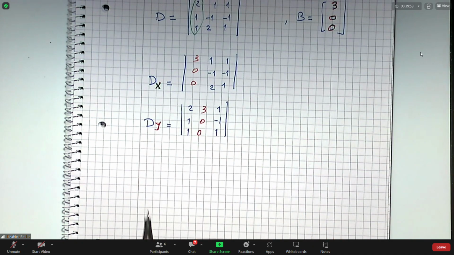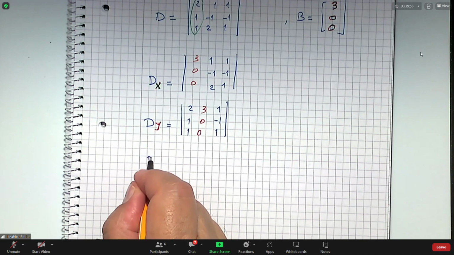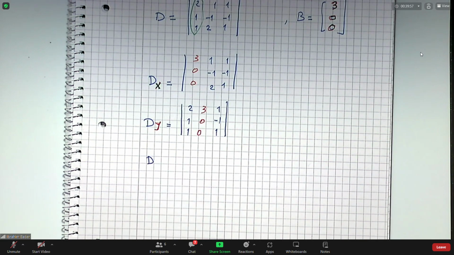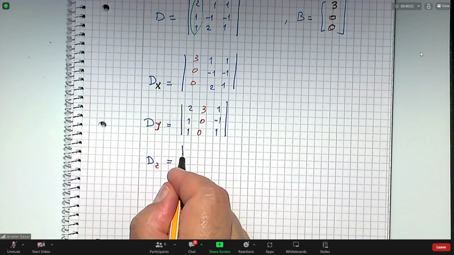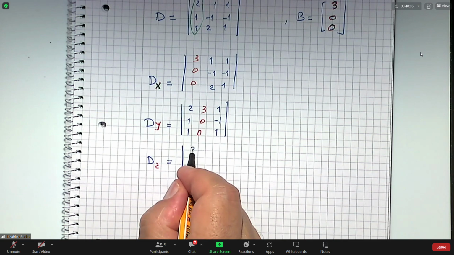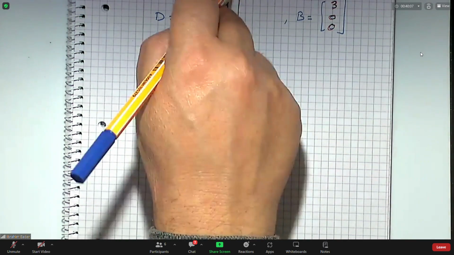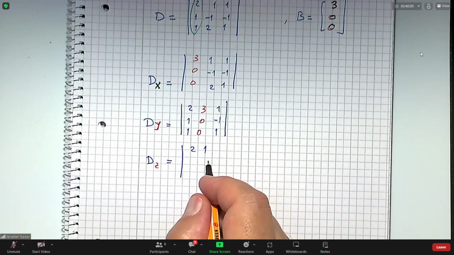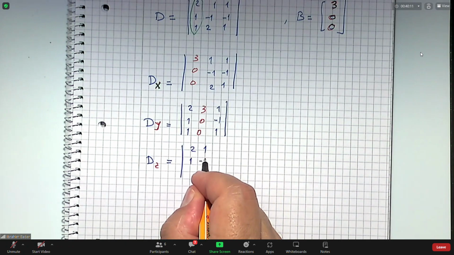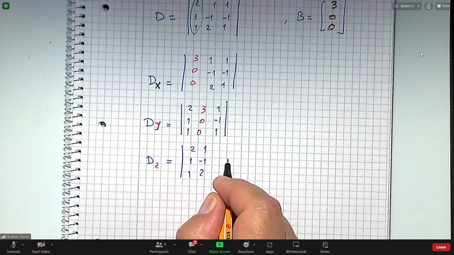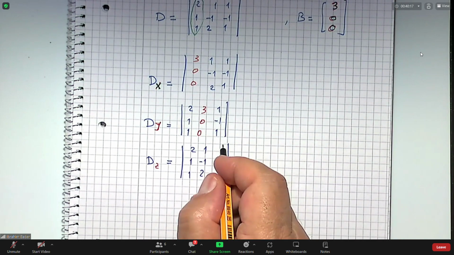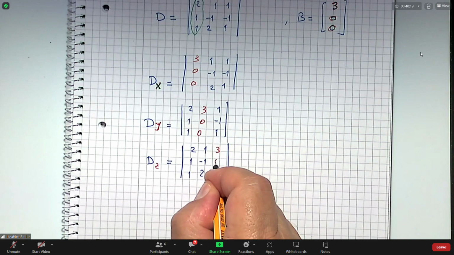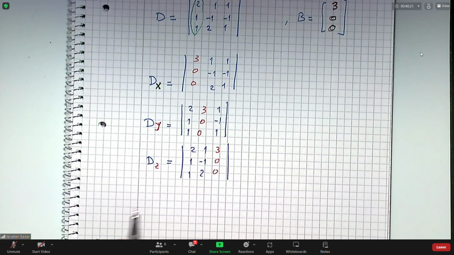And the fourth determinant we are going to construct is called D sub z. Always go to the original determinant here, 2, 1, 1, 1, negative 1, 1, 2. And then here I replace the third column with the right-hand side, 3, 0, 0. Okay?